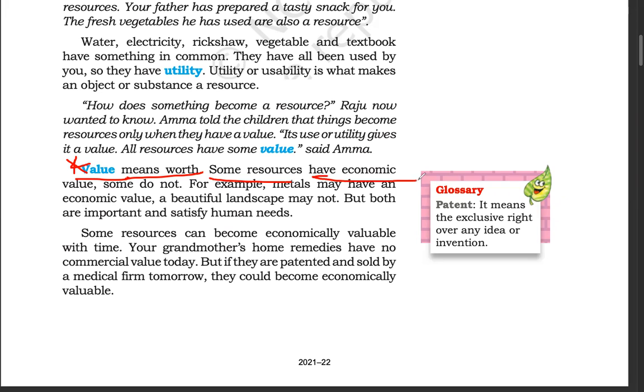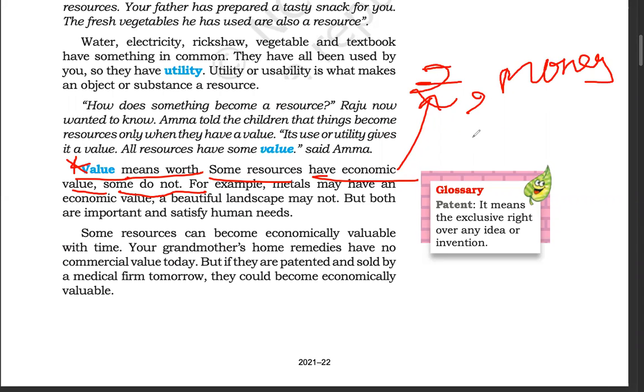Some resources have economic value and some do not. So there are some with economic value. Economic value means rupees, money. It can be dollars or wherever you stay. It can be dollars or something, whatever you want.